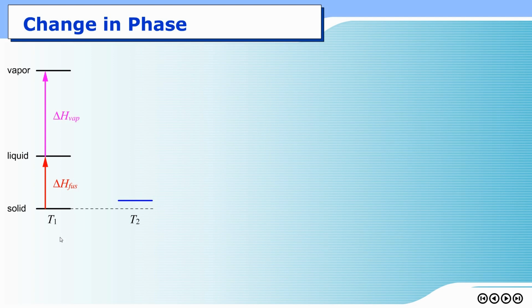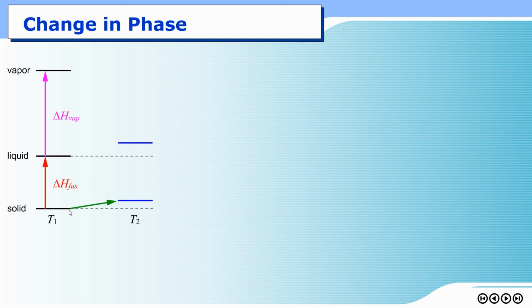So if I have to heat up ice from -5 degrees Celsius to 0 degrees Celsius, T2 here would be 0 degrees Celsius, before converting ice at 0 degrees Celsius to liquid water at 0 degrees Celsius. The enthalpy level of water at 0 degrees Celsius should be a little bit higher than at -5 degrees Celsius.